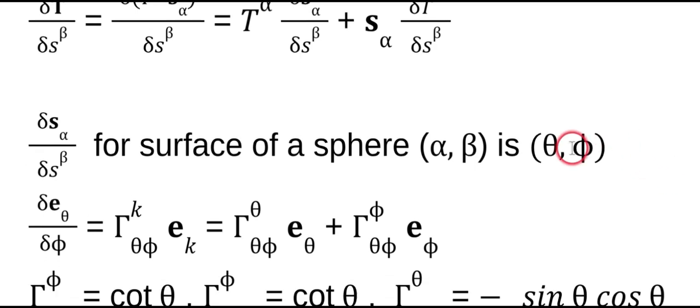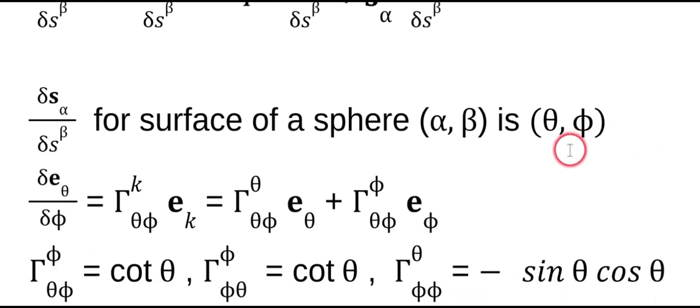Many, many videos ago, we solved this several times. The non-zero Christoffel symbols for the surface of a sphere are these three. Do we have a theta, theta, phi? No, so this is 0. Do we have a theta, phi, theta? Yes, right there.